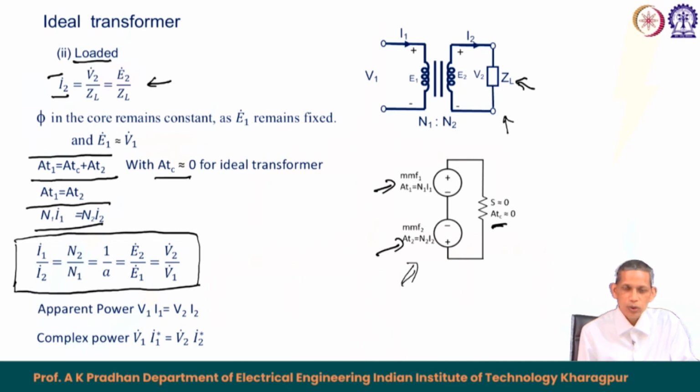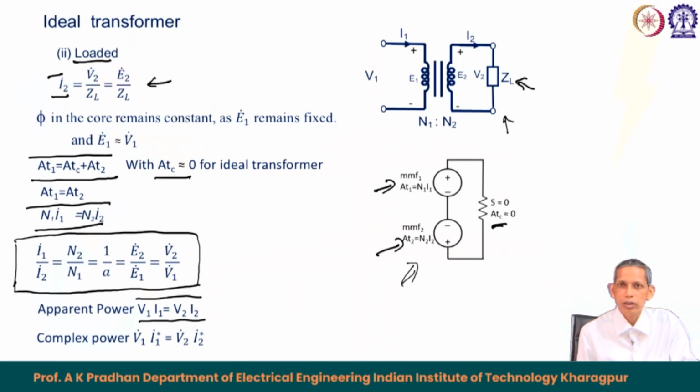So the turns ratio and the phasor ratio of current and voltages of both sides can be related as shown. From this, if you take only the magnitudes of voltage and current of these phasors, then we can also say that V1 I1 equals V2 I2 in terms of magnitude.